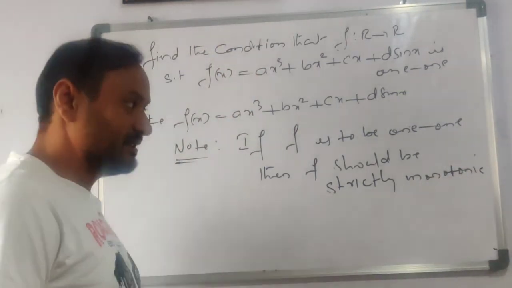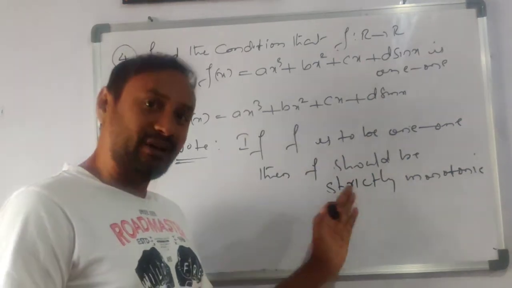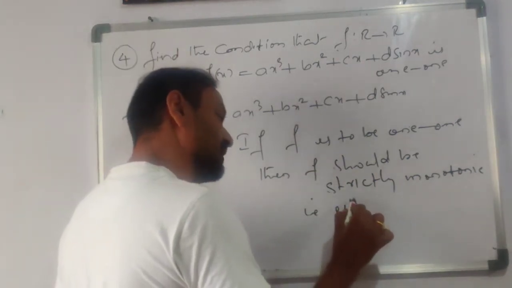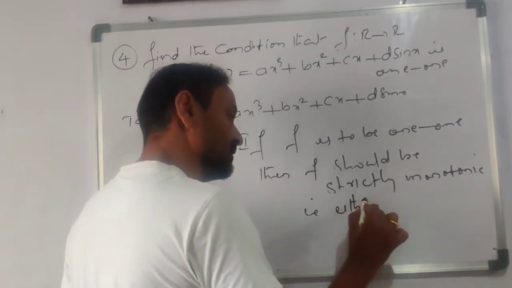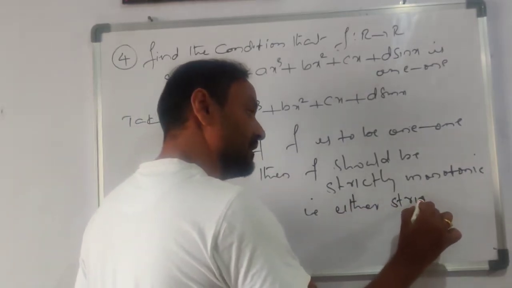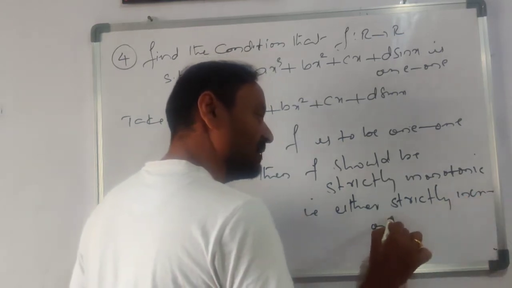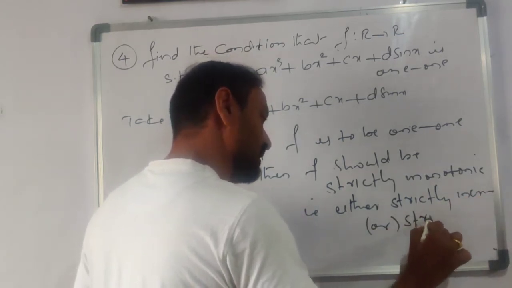Monotonic means either increasing or decreasing strictly. That is either strictly increasing or strictly decreasing.